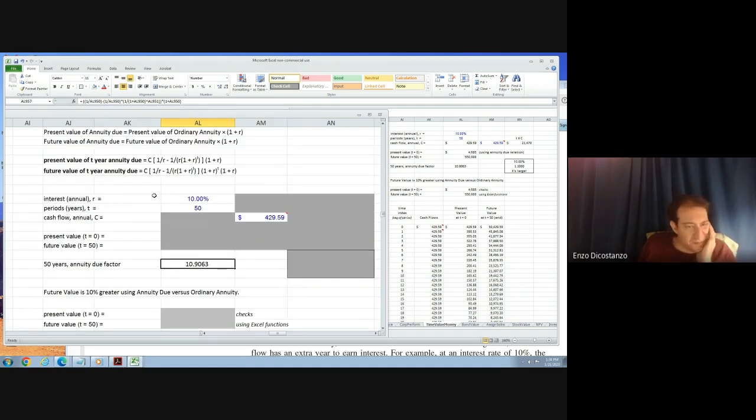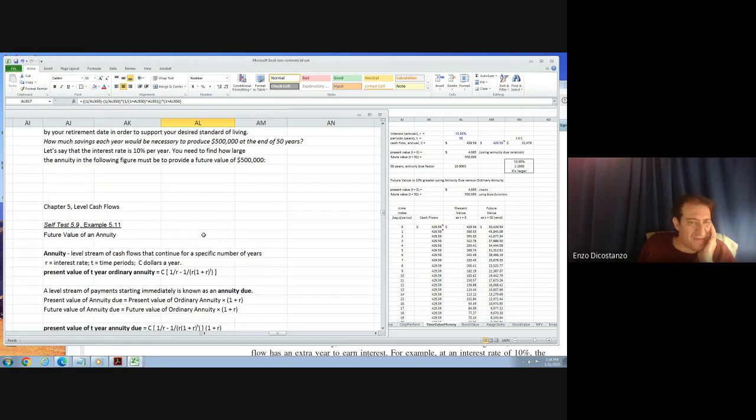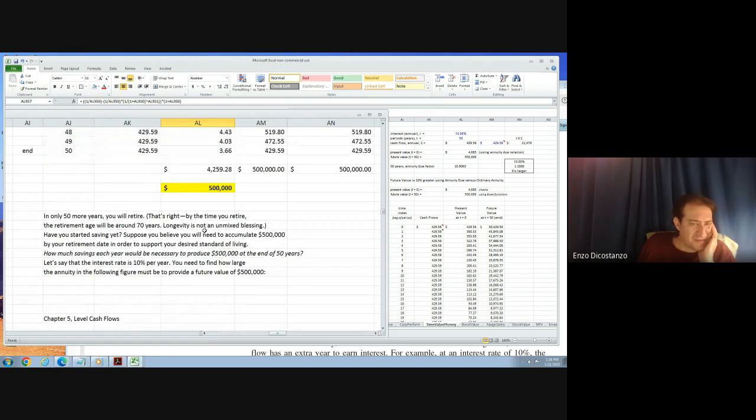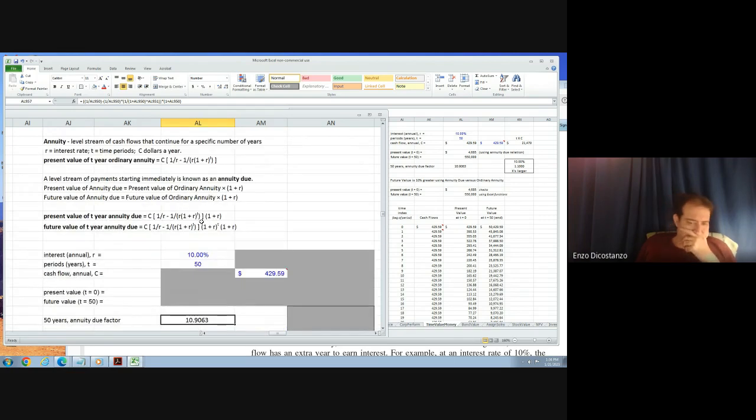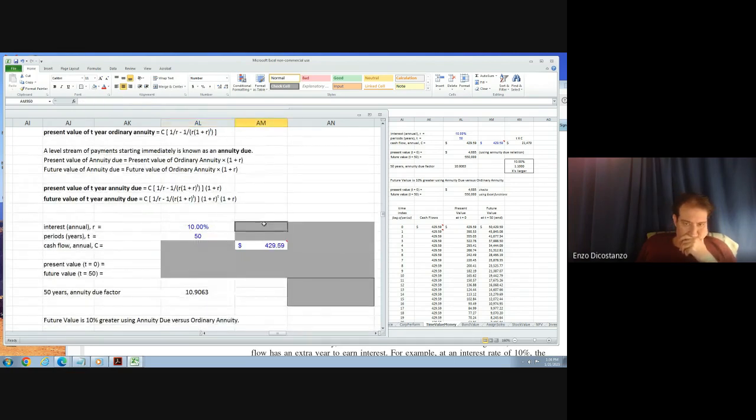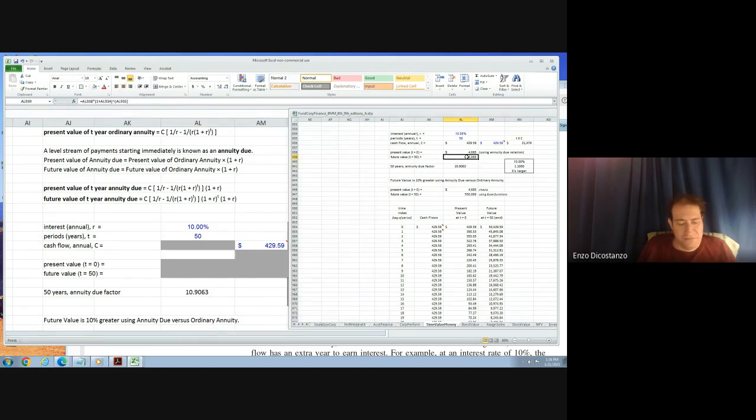Okay, and what was this problem again? These were payments. What that's worth today is what we're looking at. Clear that out. And present value, future value.